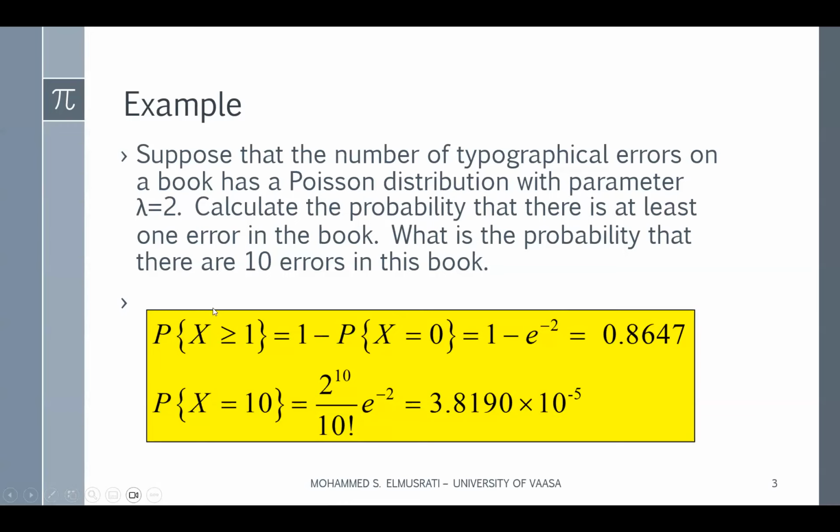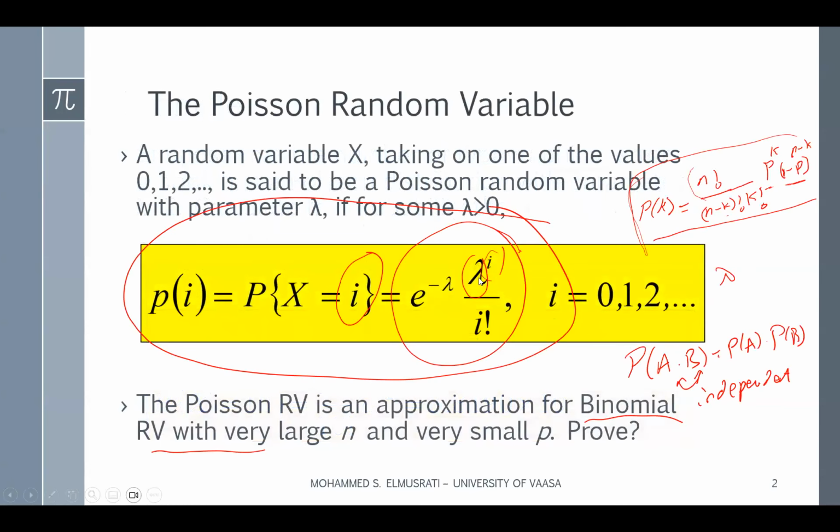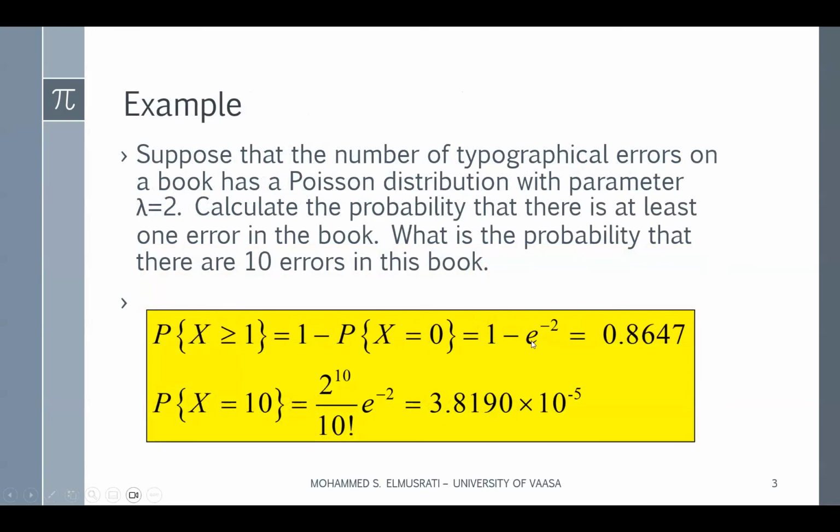The probability that you will have at least one error is 1 minus the probability that there is no error at all. If you substitute i equal to 0 in the previous slide, lambda to the power 0 is 1, 0 factorial is equal to 1, and here you will have e minus 2. So 1 minus e minus 2 is equal to 0.8647.